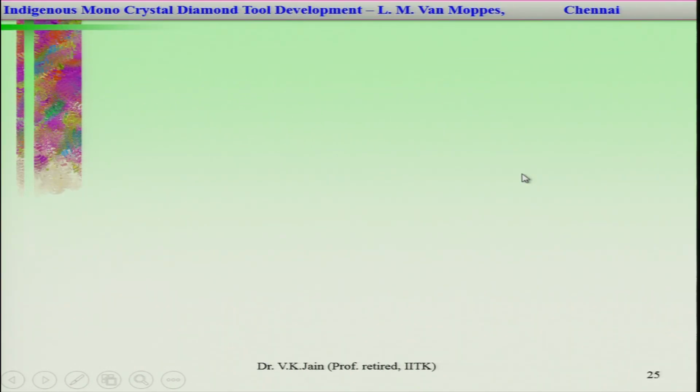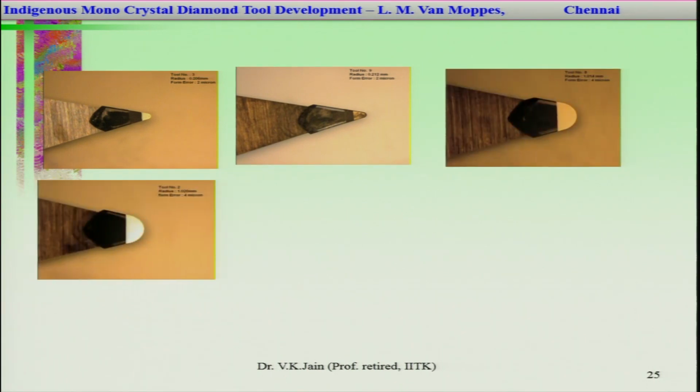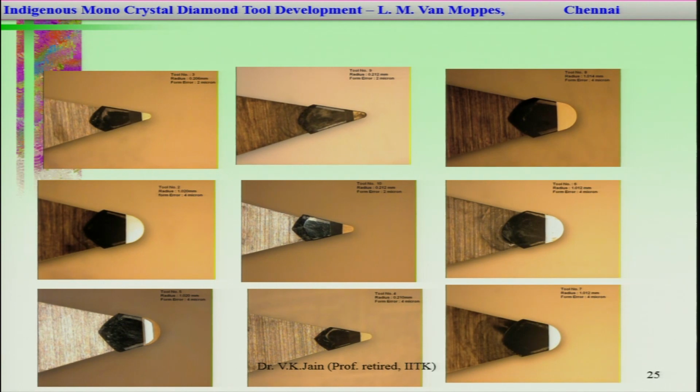Now, indigenous monocrystal diamond tool development by certain researchers. Here you can see clearly that there are different shapes of the shank of the cutting tool, and these are the diamond tools, and this is the shank, and you can see different shapes of the diamond tool in all the 9 pictures, and the size of the diamond tool also can be varied because it is very expensive.